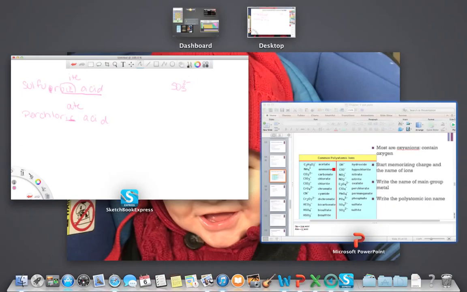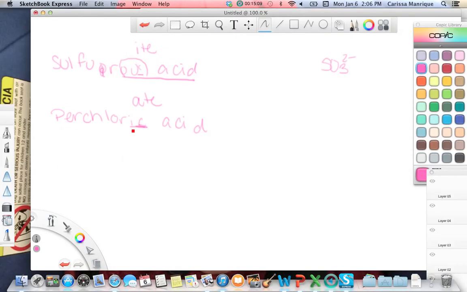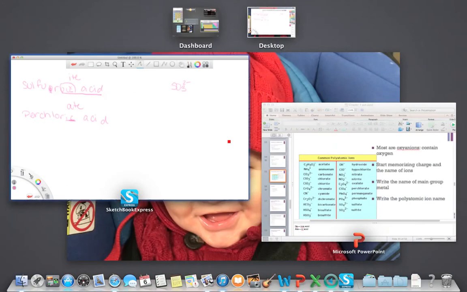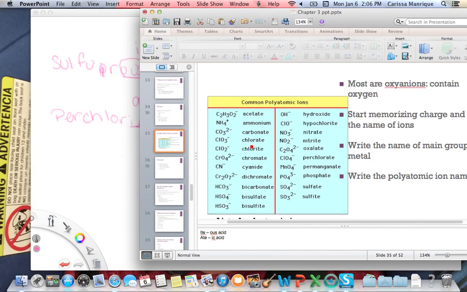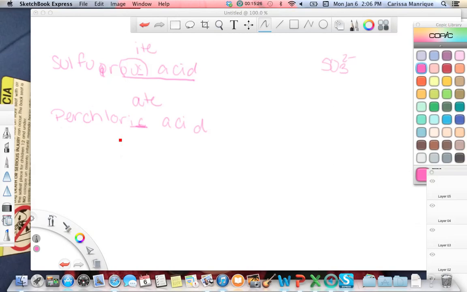Your -ous goes with -ite. And the next one is -ic, and that goes with -ate. So we're going to look for perchlorate, which is here it is, perchlorate. ClO4 minus.